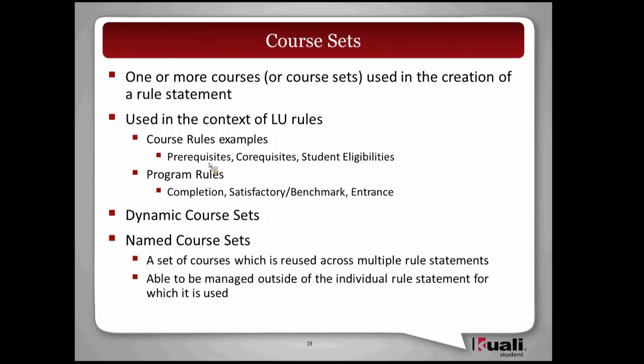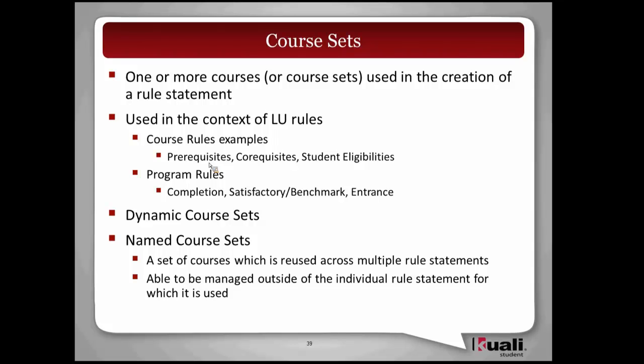The ones you will see in curriculum management, say on the landing page, are more named course sets. These are course sets that go across multiple rule statements. For instance, we have 15 different engineering programs and majors, but there's a common base set of 4 courses that all engineers take. It's a foundation of engineering, used in a lot of course requirements and also in some program requirements.